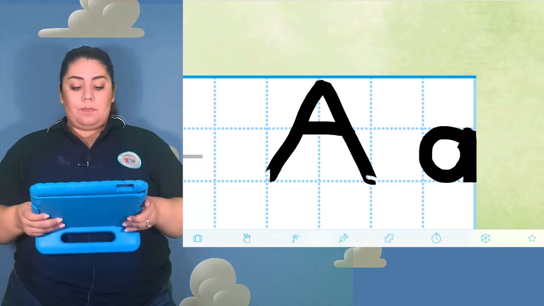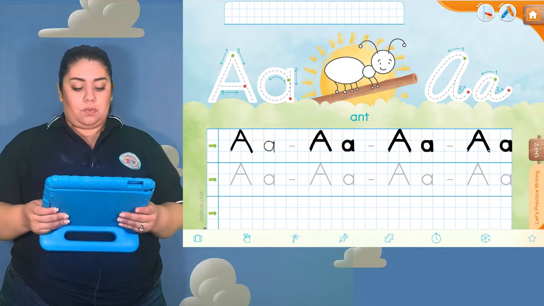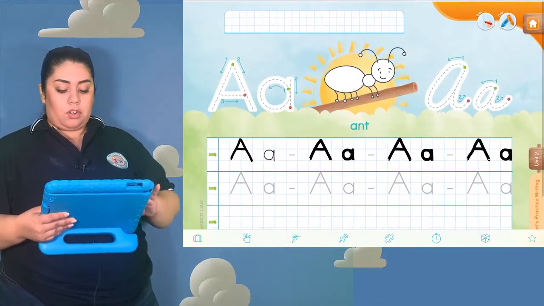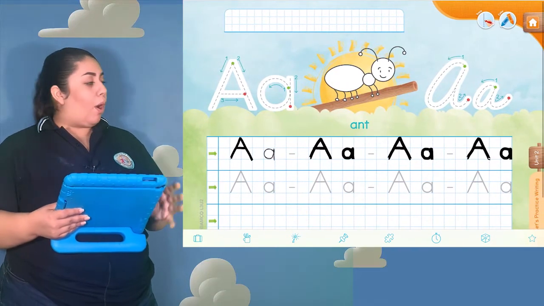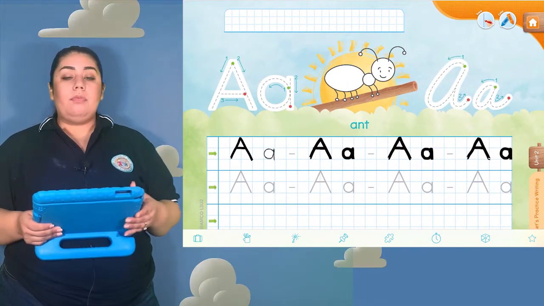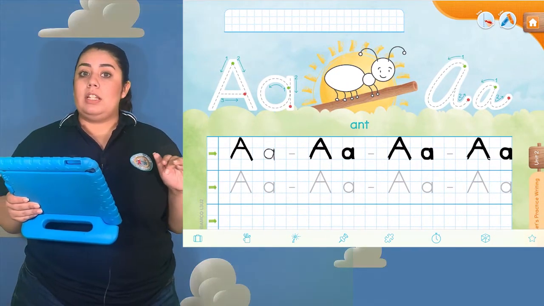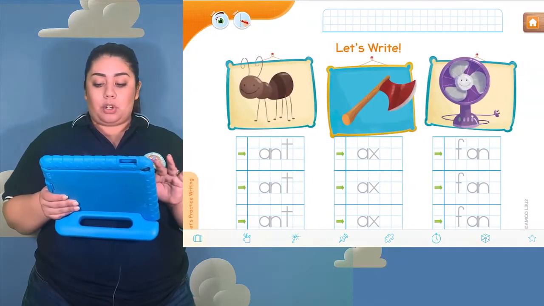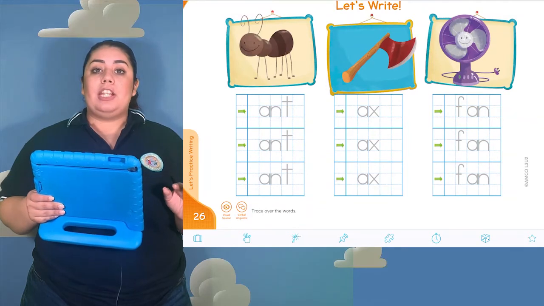You see? We finished with the first row. Also, we need to do the ones that are over here, okay? We already practiced those. Pause this video in order to finish with the page. And when you finish, we're going to move on to page 26.